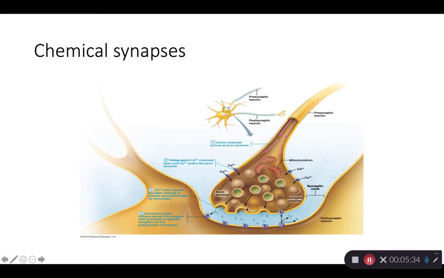Calcium is going to flow in, and in response to that calcium influx, these vesicles that are filled with neurotransmitter are going to exocytose their contents into the synaptic cleft, and it's going to travel this very short distance. It's going to bind to receptors on the postsynaptic cell membrane, and it's going to bring about some change in the postsynaptic cell, and that's how a chemical synapse works.